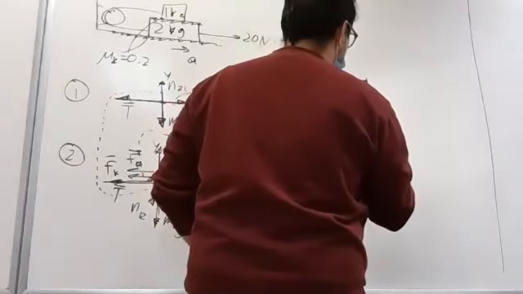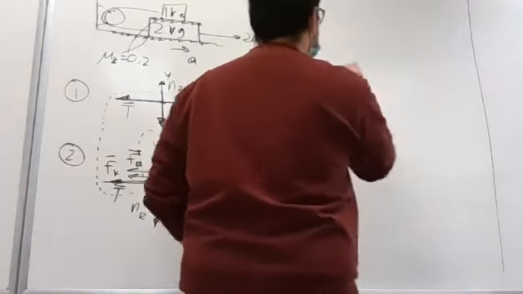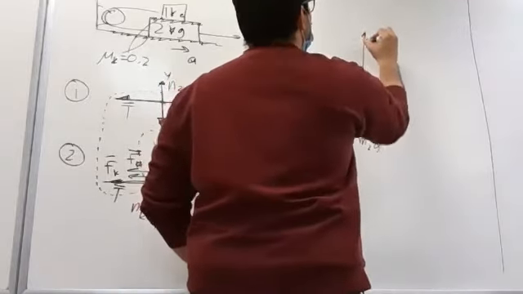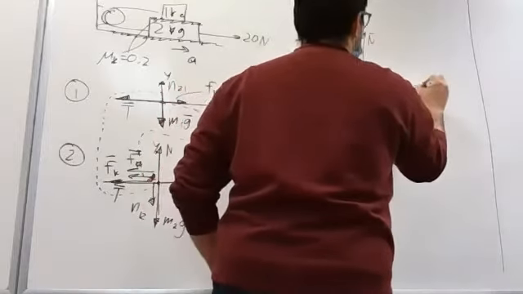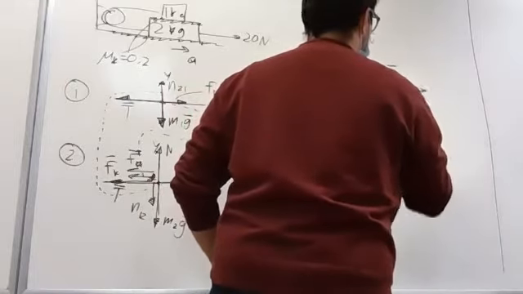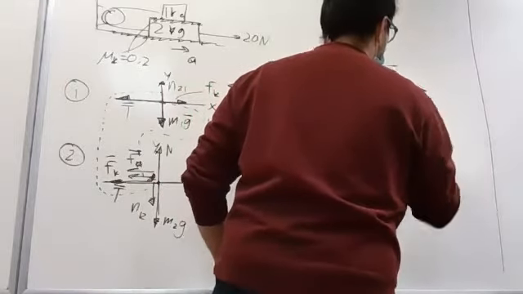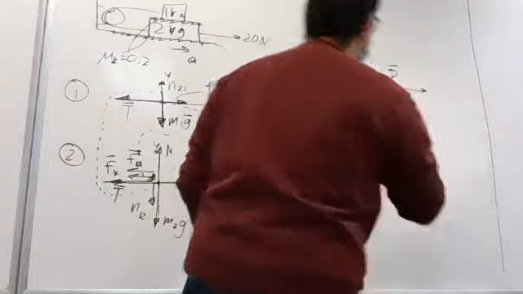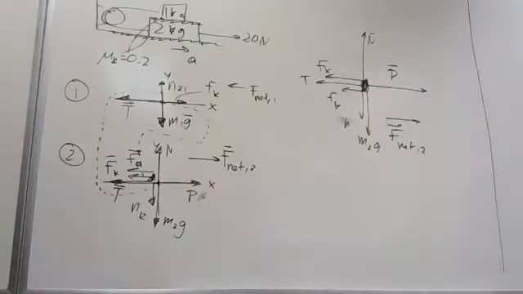And gravity down, M2G. And that big friction force goes along with the big normal force, and then it looks like a porcupine. This is what I would like it to look like. It goes a little bit more cleaner. We have 7 forces acting on block 2.